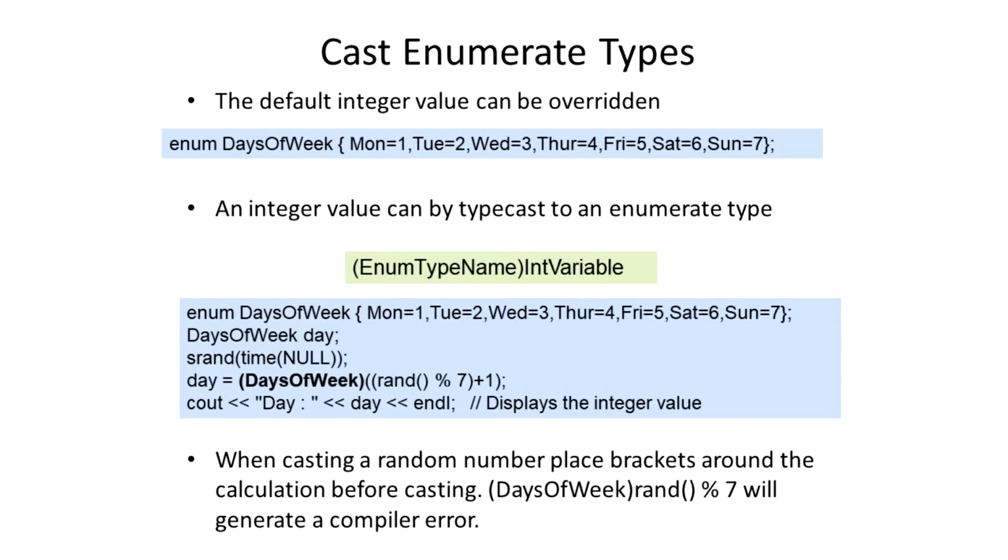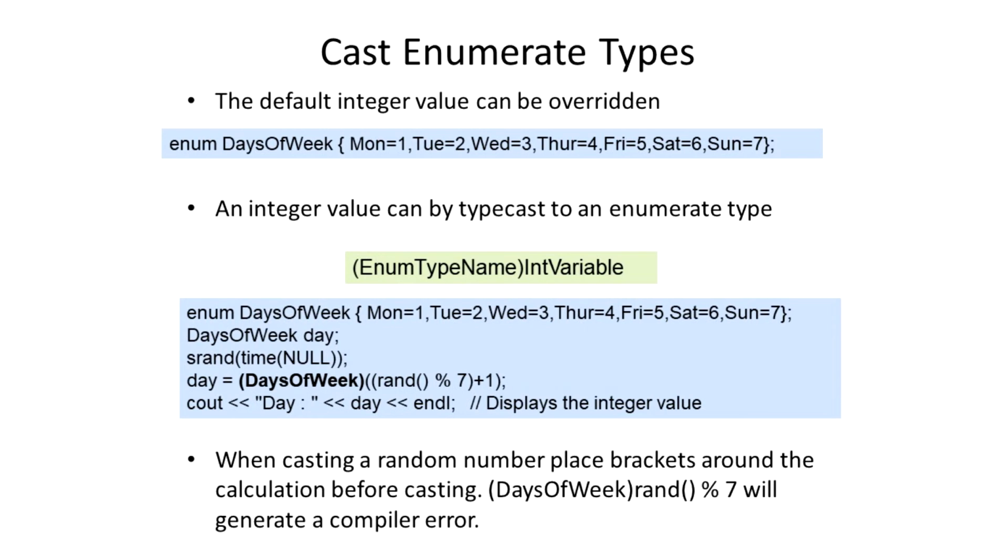And then that will match up to the enumerate category as one of the days of the week. So if it returns, say, 5, that would then match with Friday, and then Fri would be stored in day. But when we actually output the value of that variable, remember that's still going to be the value of 5 rather than the actual word Fri or Friday.